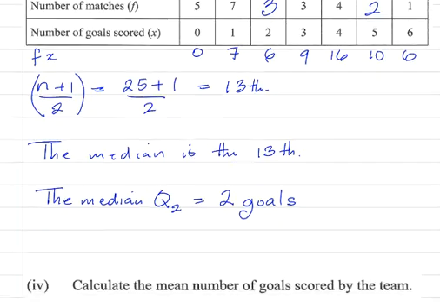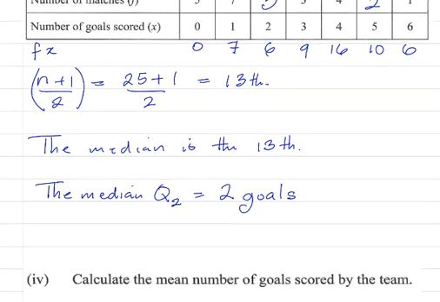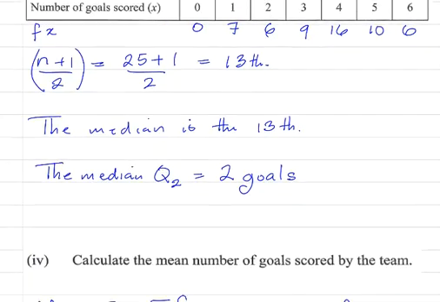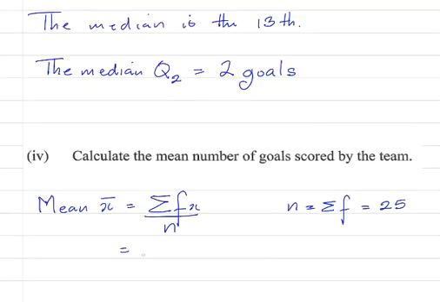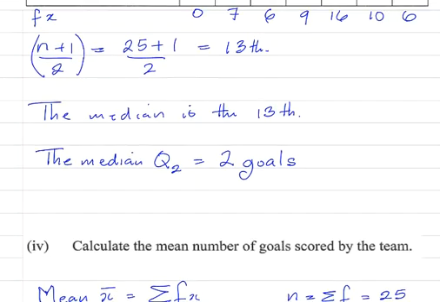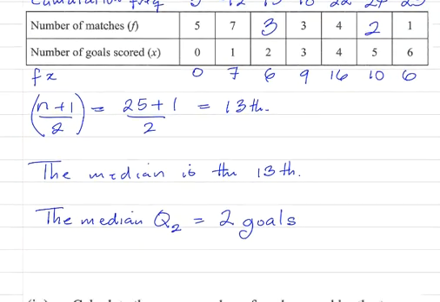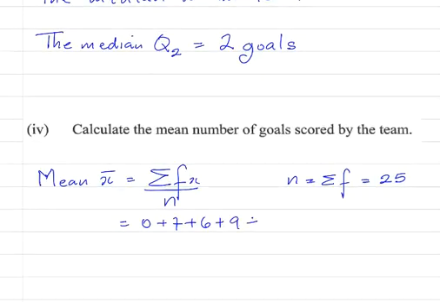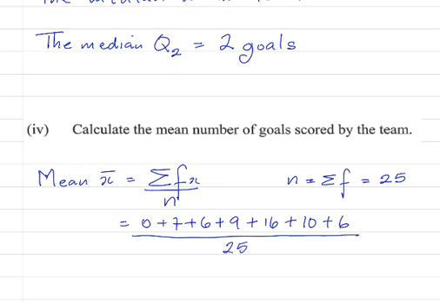Alright, so the mean now would be the sum of fx, that last row. So the sum of fx would be 0 plus 7 plus 6 plus 9 plus 16 plus 10 plus 6, and this is all over the number of values, which is 25.